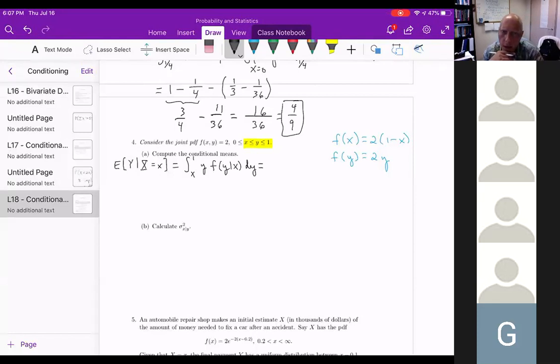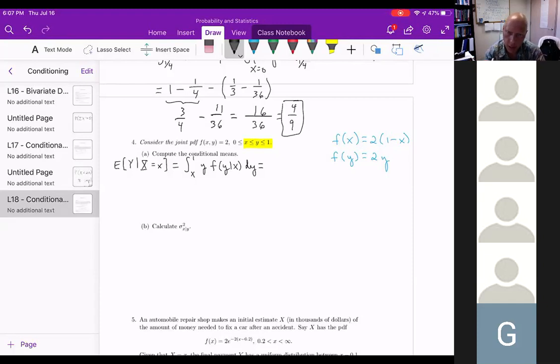All right, so does anyone have the conditional distribution of y given x? So that's when you divide by the marginal of y, Miku. Because remember, the denominator is the marginal distribution of the variable you're conditioning on.